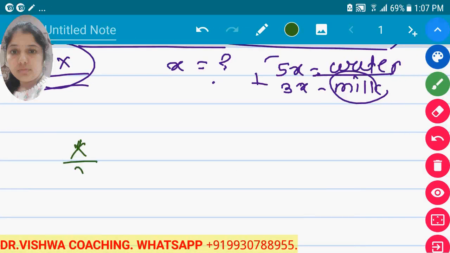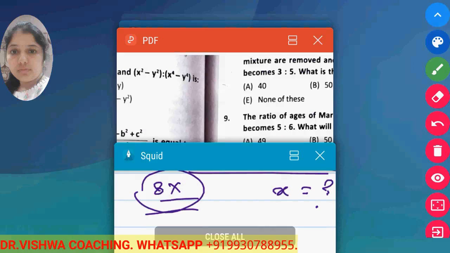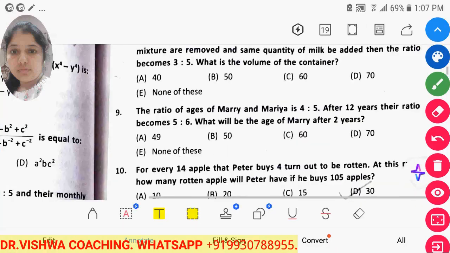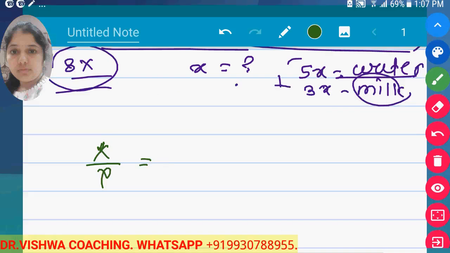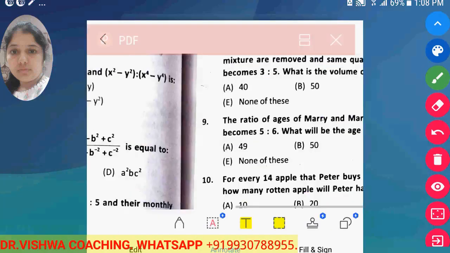Two persons, X and Y, whatever their name, Mary and Maria, their age ratio is 4:5. After 12 years means, suppose their ages are 4x and 5x. After 12 years means 4x plus 12 and 5x plus 12. The new ratio is 5:6.